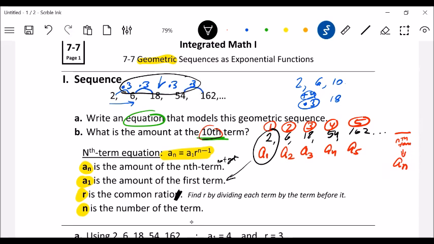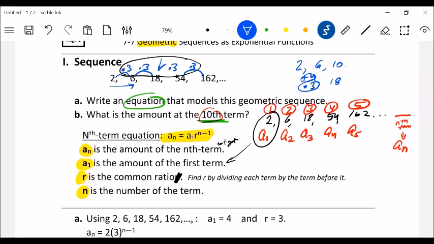Now, here's the thing. This one, it's easy to tell. But if you can't tell, what you do is you take the second one and divide it by the first one, and you get a 3. So you have to go backwards and make it a fraction, 6 over 2. Then we do it with this one, 18 over 6.